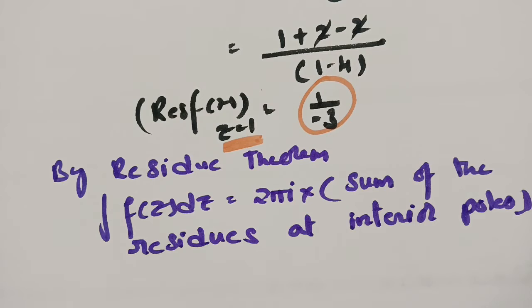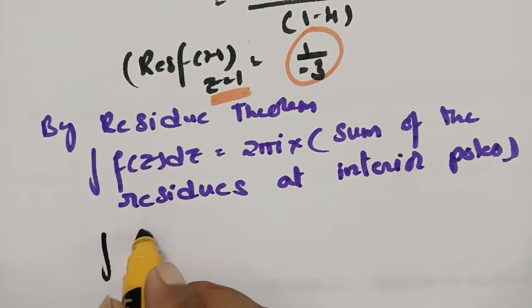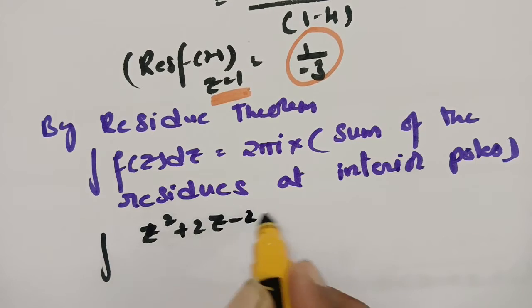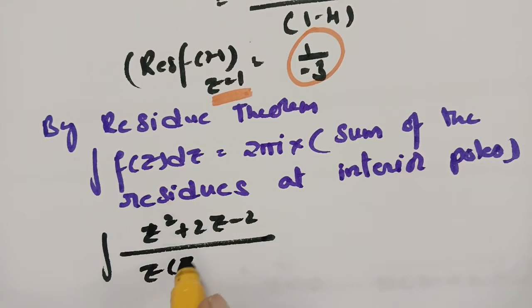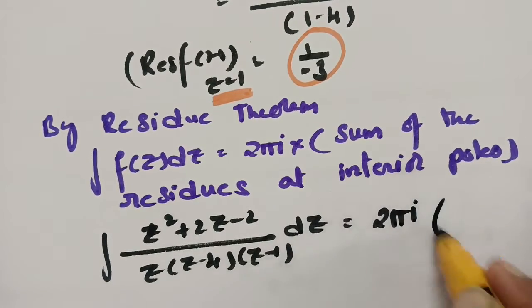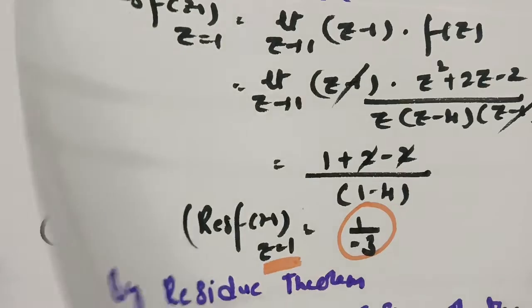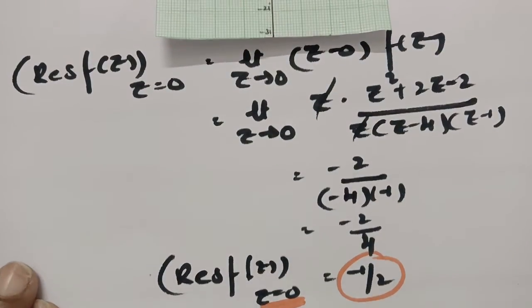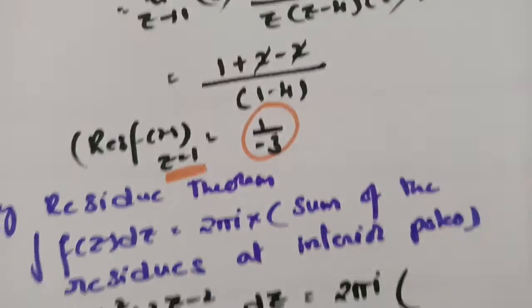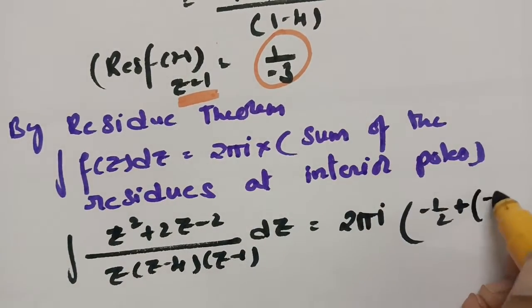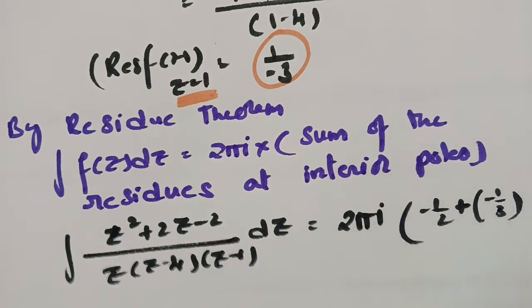That is, the integral of (z squared plus 2z minus 2) by z into (z minus 4) into (z minus 1) dz is equal to 2 pi i times the first residue value, minus half. At 0 the value is minus half.